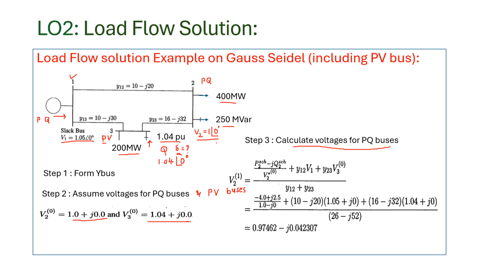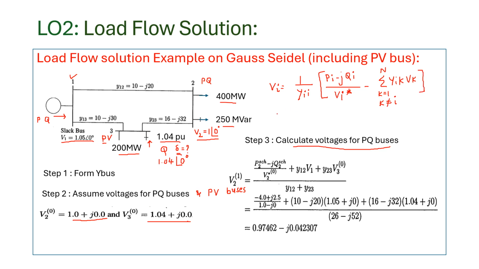The equation we already know for voltage calculation is Vi = 1/Yii times [(Pi minus jQi) divided by Vi conjugate minus summation Yik Vk], where k varies from 1 to N and k is not equal to i. So this is the equation.